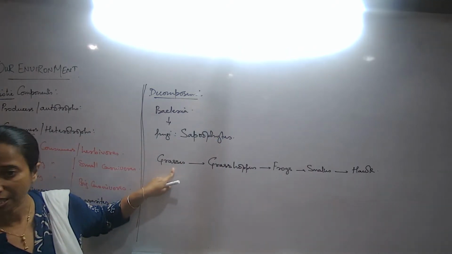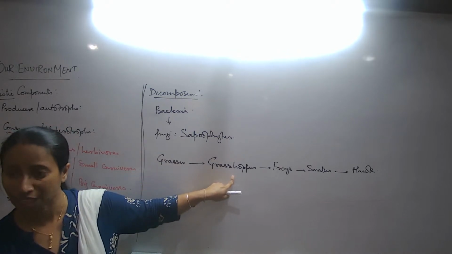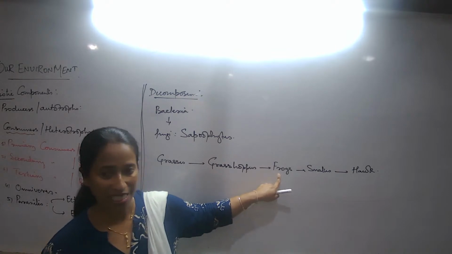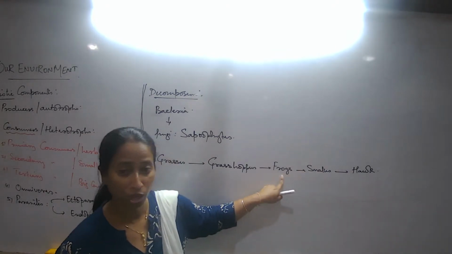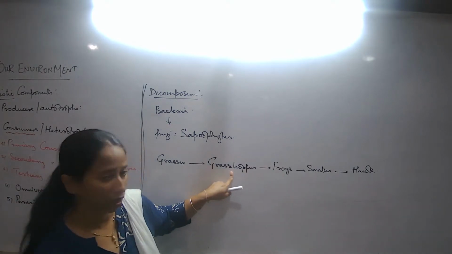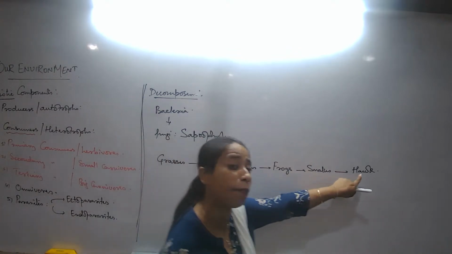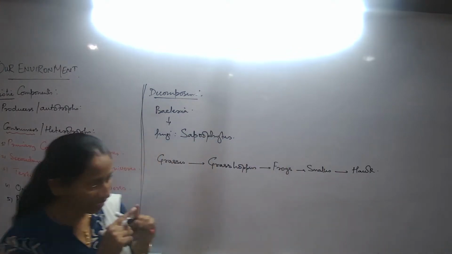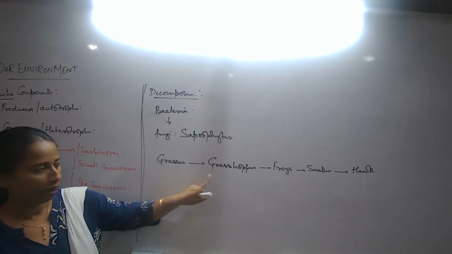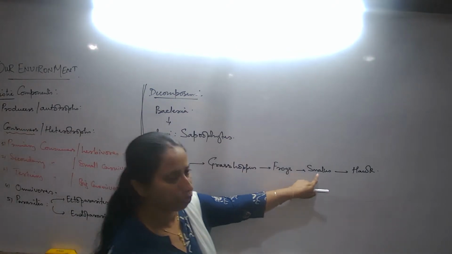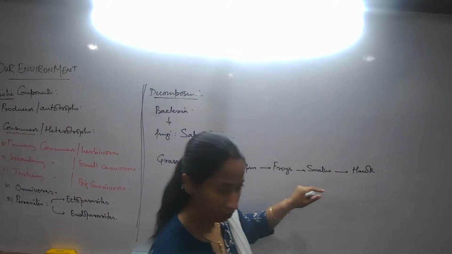Producer, herbivore, primary consumer, secondary consumer, tertiary consumer, top consumer. So this is a typical food chain that I talk about: producers, primary consumer, secondary consumer, tertiary consumer, top consumer. They are like omnivores, right?